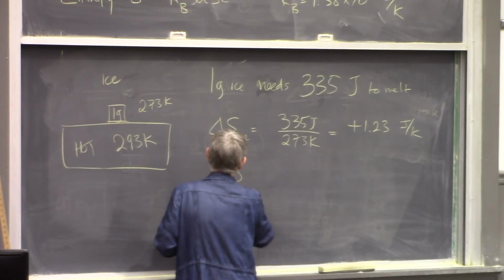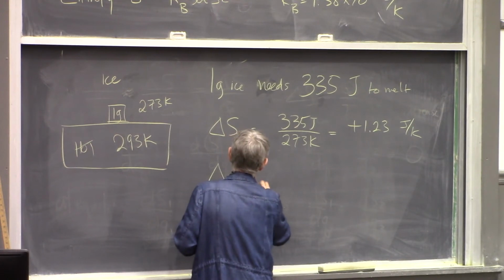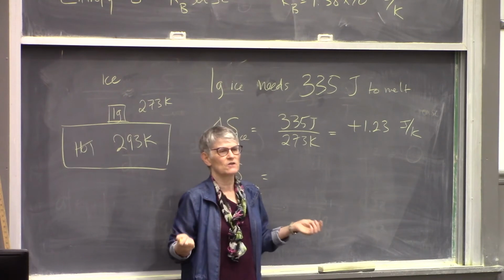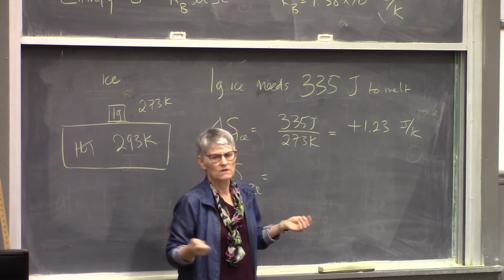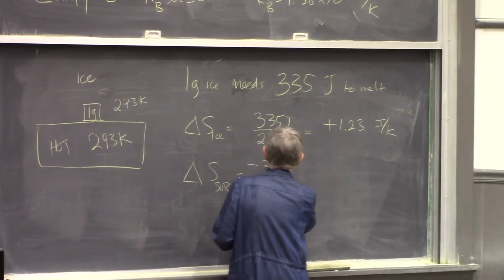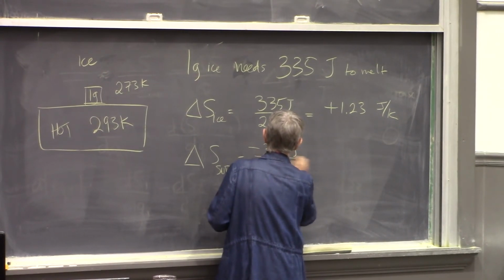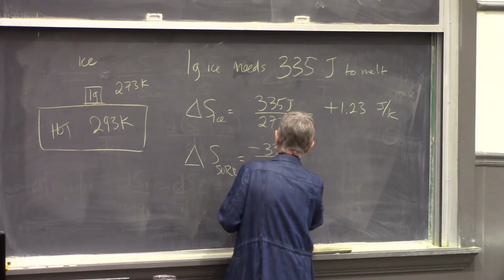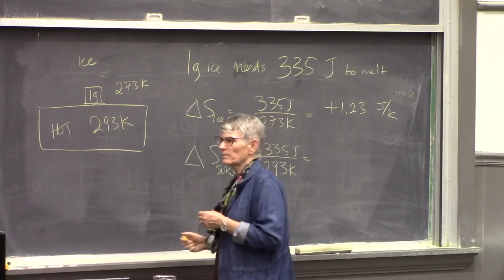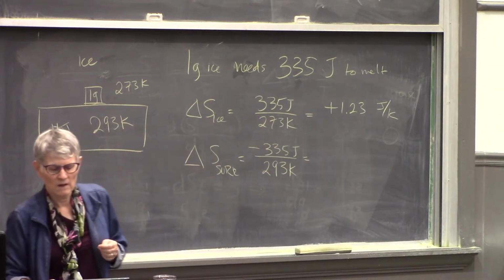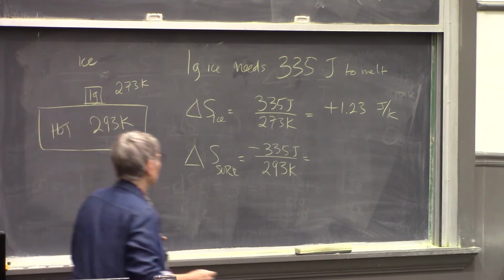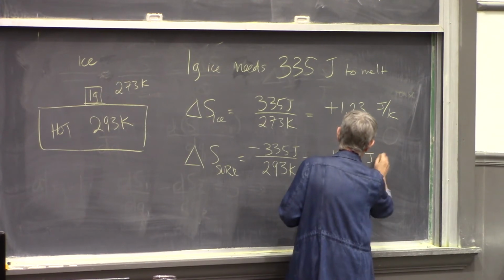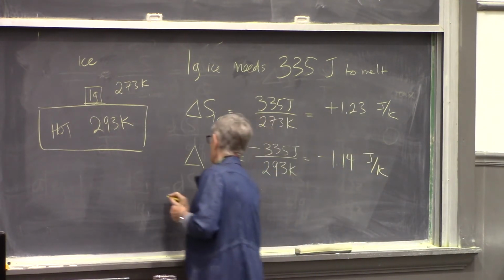The change in entropy of the surroundings, the metal, well, it lost 335 joules, so it's a minus 335 joules at 293 Kelvin. So the entropy of the surroundings actually went down a little bit, and it comes out to a minus 1.14 joules per Kelvin.